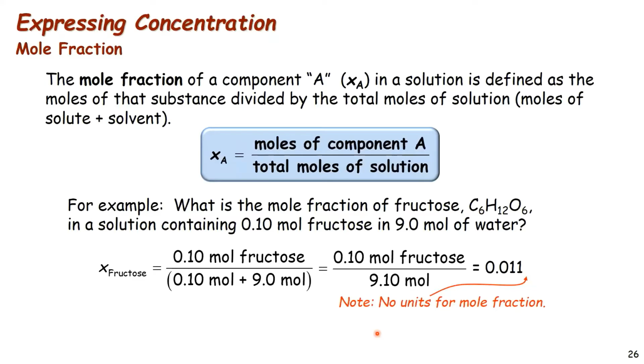So units are really, really, really, really important. Okay, but in this case, mole fraction is dimensionless. It has no units. Okay, now mole percent, simply take that number and multiply it by 100%. So in this case, the mole percent of fructose is that there is 1.1% fructose in the mixture by mole, okay?